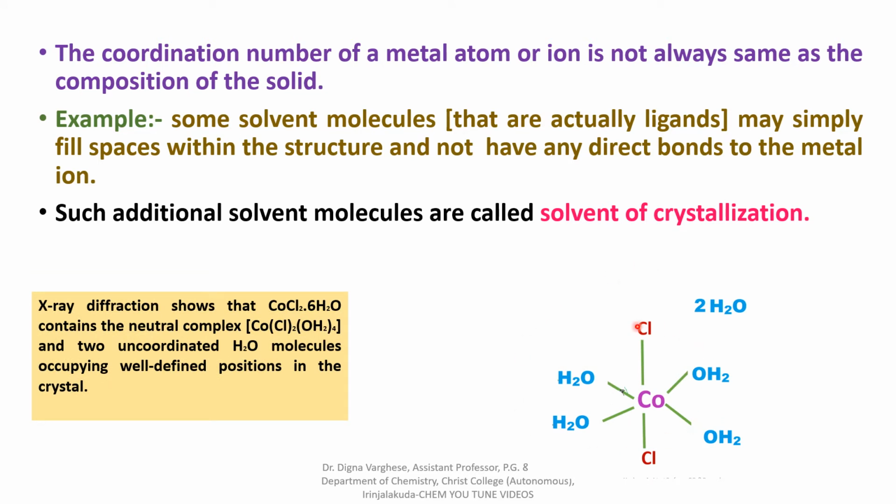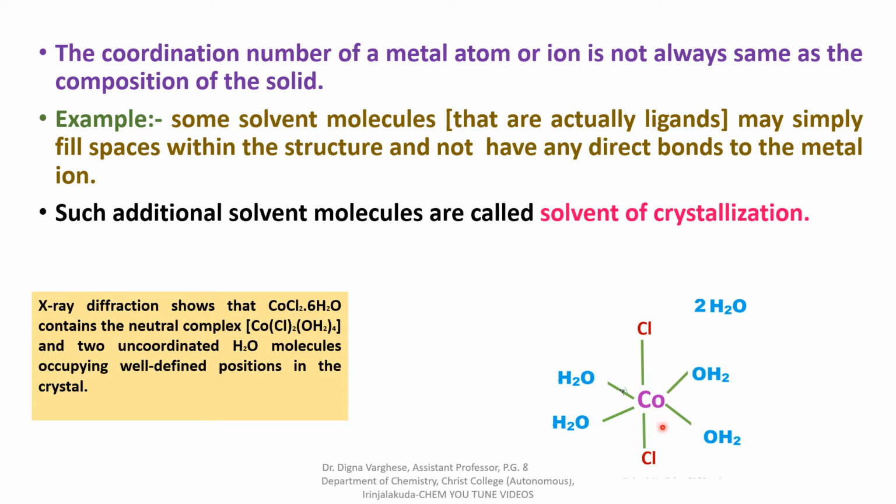Here you can see a complex of cobalt in which there are 4 water molecules attached to the cobalt atom, and there are 2 chloride ions attached to the cobalt atom, and the complex is found to be octahedral. Okay, its coordination number is 6 because in this complex 4 water molecules and 2 chloride ions are in direct contact with the metal ion, that is the cobalt atom here.